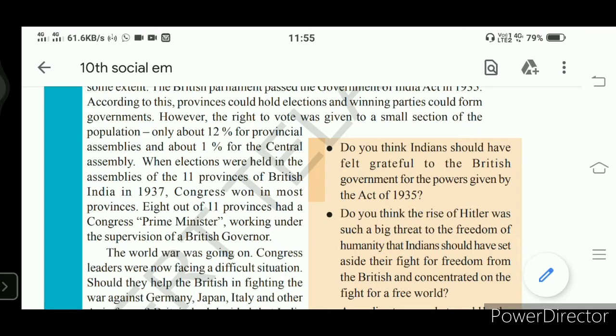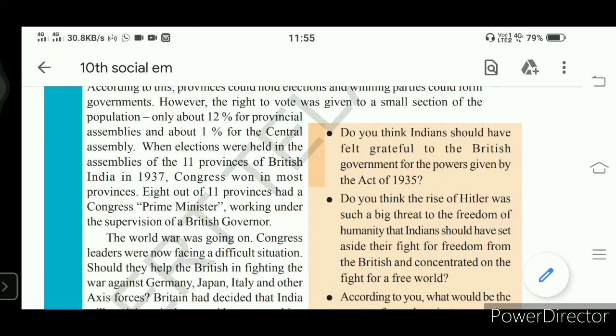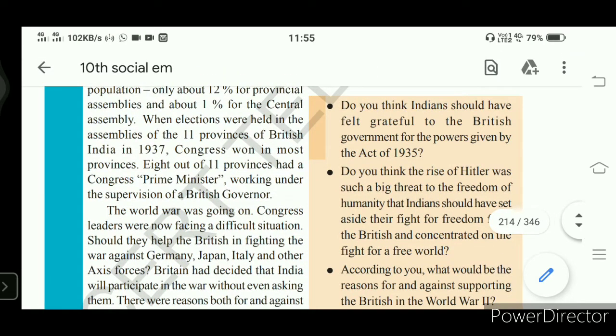That means in the 8 provinces, Congress had secured majority and Congress has formed its government. Out of 11 provinces, that is 11 states, in 8 states, Congress had set up its government working under the supervision of a British governor.